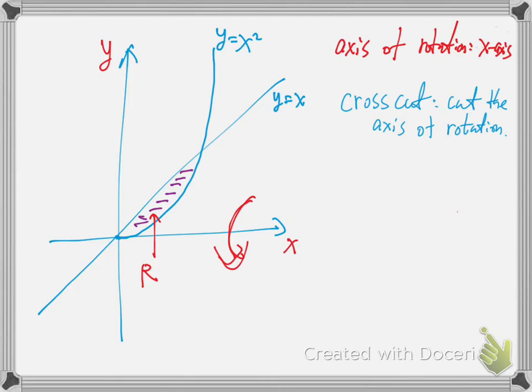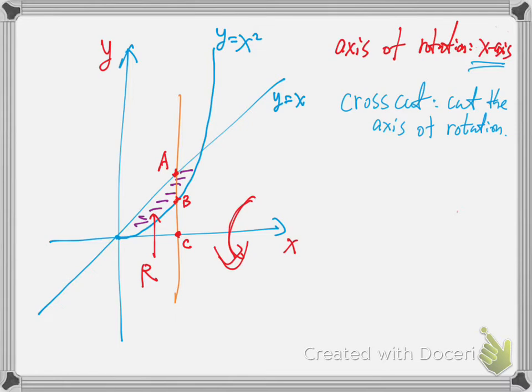For this problem it is the x-axis, so we need an orange cut that cuts the x-axis. This is the cross cut. Now we get two points A and B here, and we also label this point C, where the cut meets the x-axis.